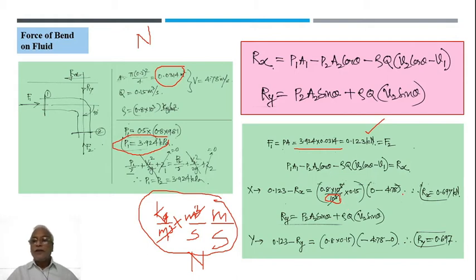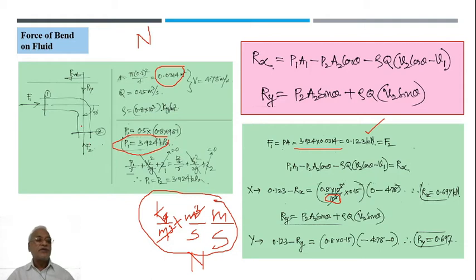Okay, now continuing, this is the change in velocity, that is, final V2 cos theta.